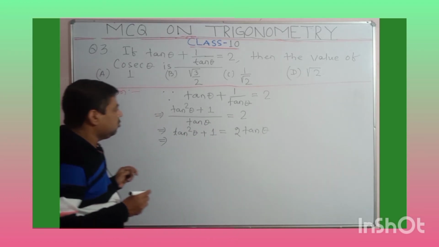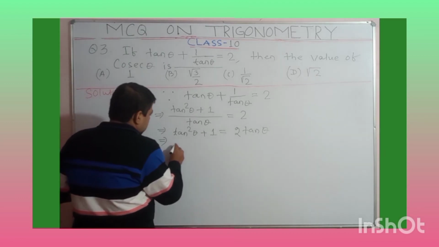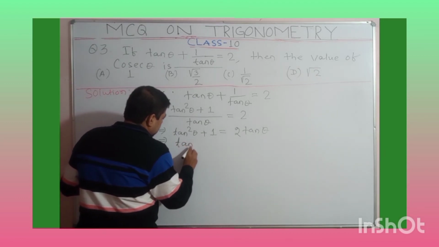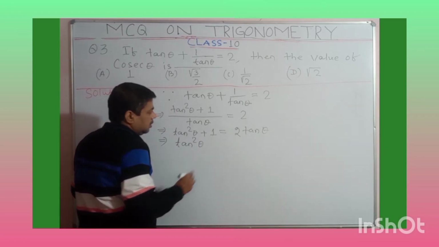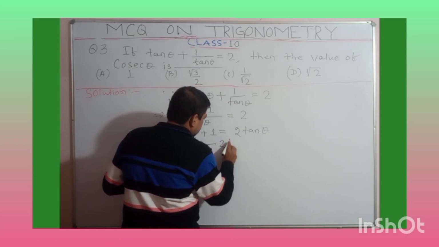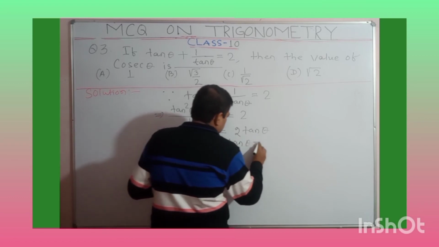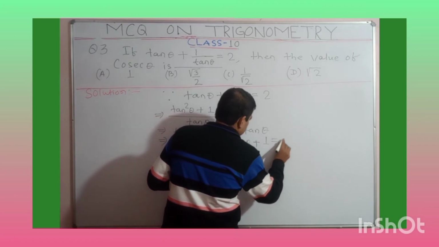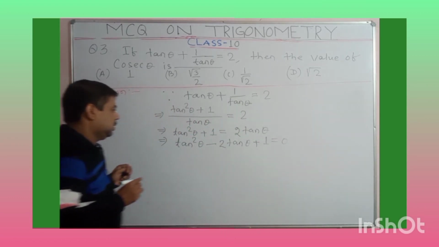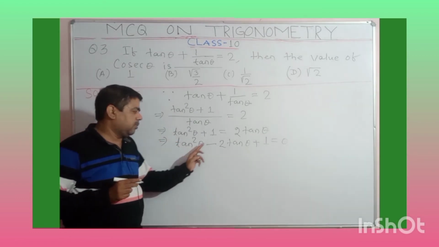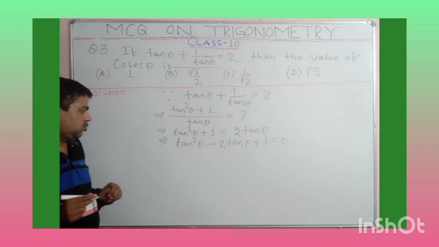Then tan square theta, and 2 tan theta will be minus 2 tan theta after transposing, plus 1, and the right side will be 0. Understand or not? So tan square theta minus 2 tan theta plus 1 is equal to 0.